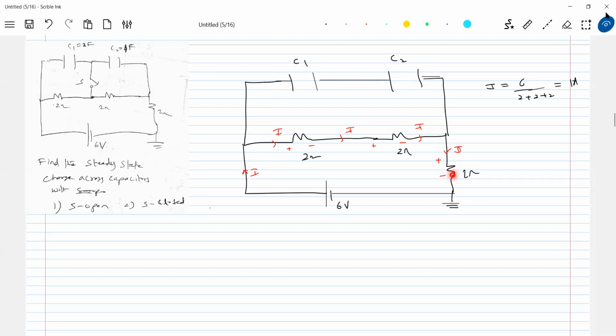The same current passes through both. So the charge in them will be Q. Steady state is asked, so Q, minus Q, Q, minus Q.